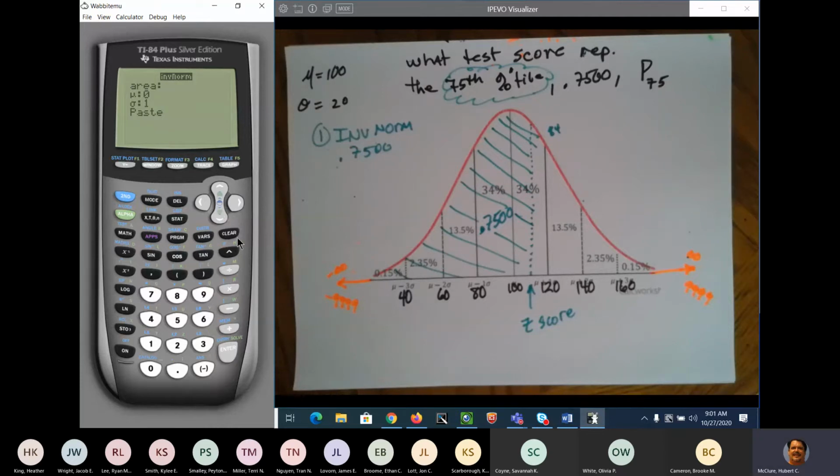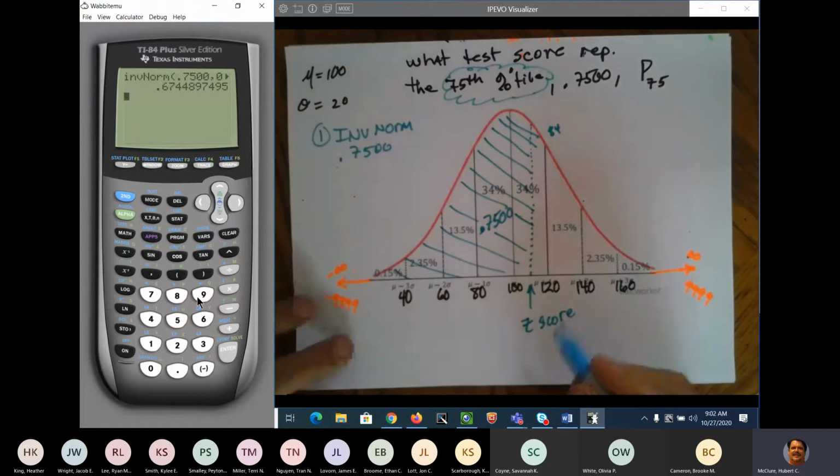So let's say this is an old calculator, and that's going to be 0.7500. And hit paste. And our z-score is 0.67. So you need to write your z-score is equal to 0.67.